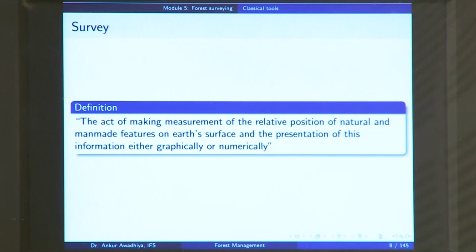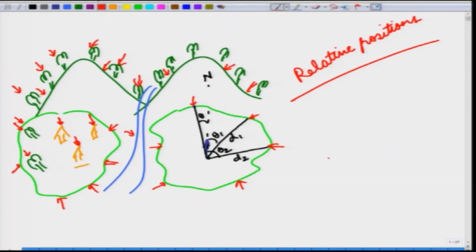So, when we present it say graphically, what we are saying is that we will mark this point on a sheet of paper and with a scale we will say that this is one point at a distance of d. So, you are drawing this as the north direction and you are saying that this is your reference on the sheet of paper, and you are saying that there is one point at a distance of d and at the angle of theta on a sheet of paper.